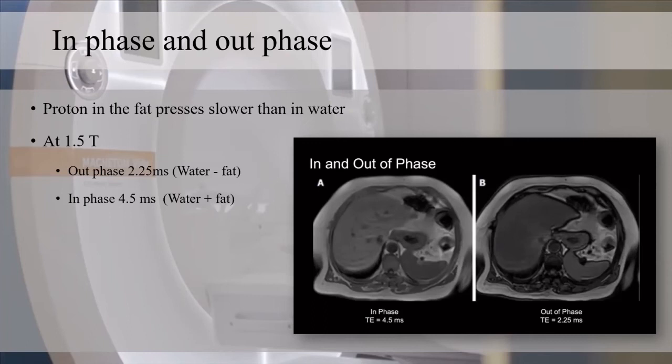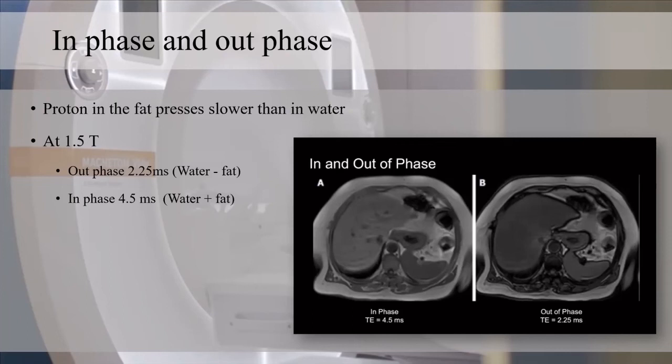And when they are out of phase, they are opposed, at that time the signals are subtracted. This addition and subtraction of the signal happens when they are in a single voxel.